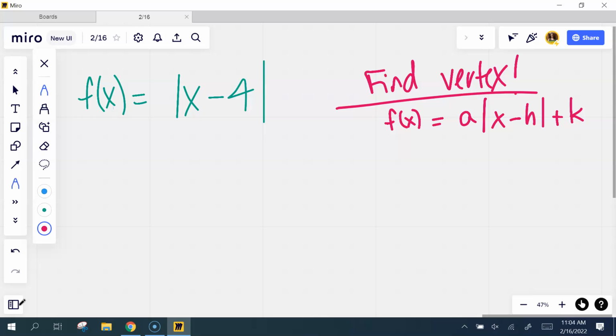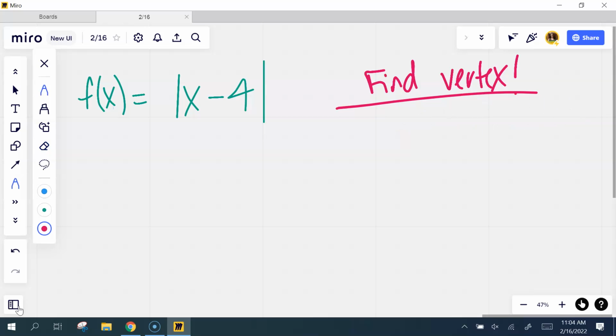I don't know if I want to teach you like this because this is getting into transformations. Don't write this yet. If you did, erase it. Let's do it the basic way first.